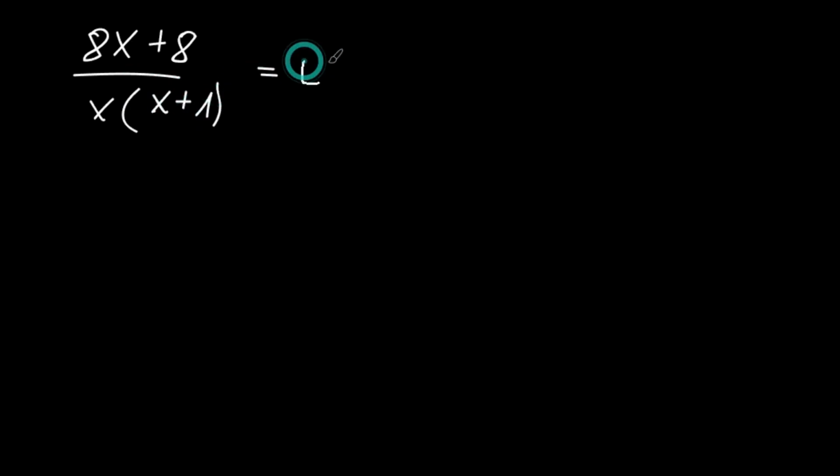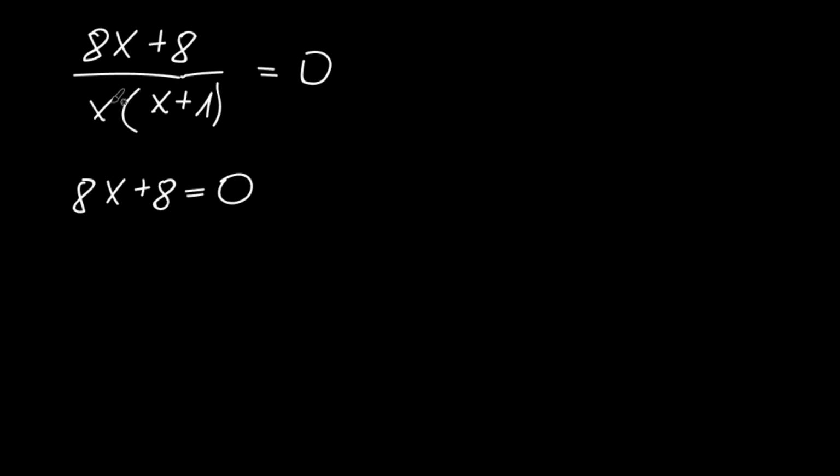Okay, so let's say we have an equation: 8x plus 8 divided by x times x plus 1 is equal to 0. So what we do now, we say that our numerator 8x plus 8 is equal to 0.